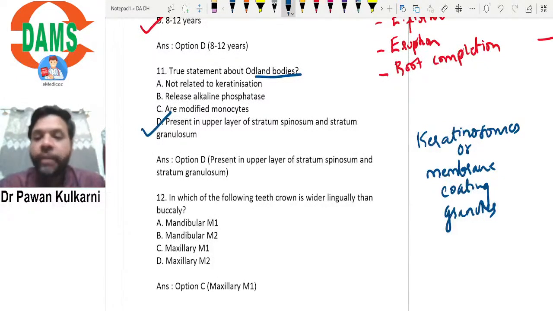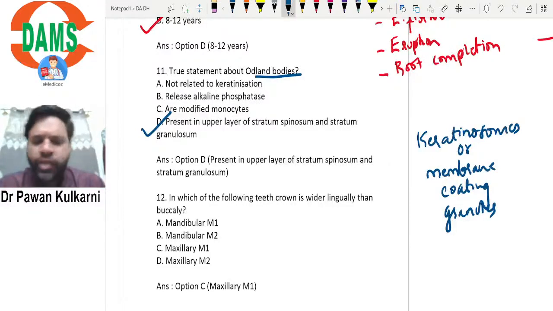They release their content into the intercellular space, and the glycolipid forms a permeability barrier. Lipid is a barrier against aqueous solvents, so the glycolipids form a lipid permeability barrier against aqueous solvents.